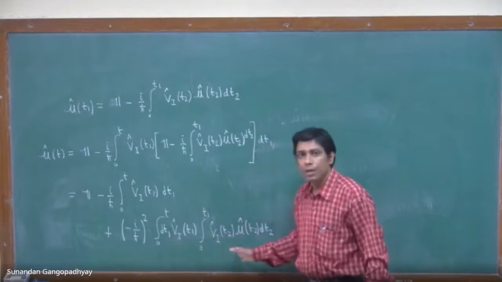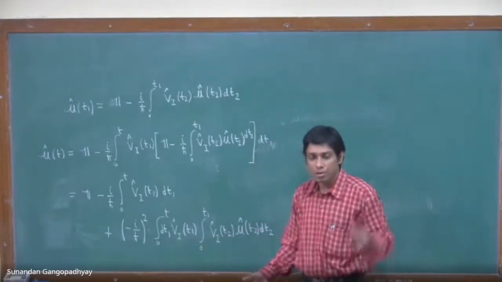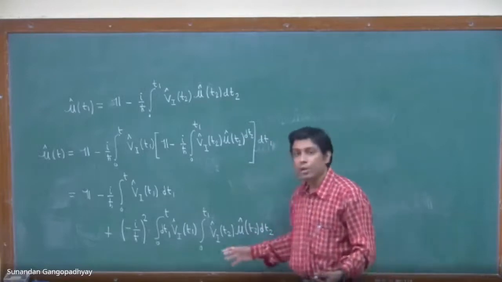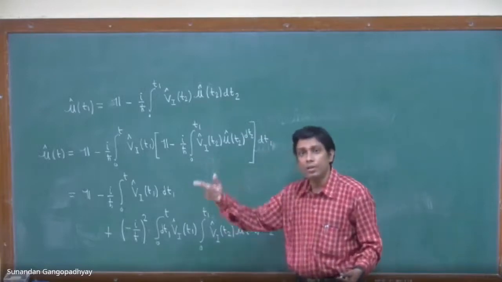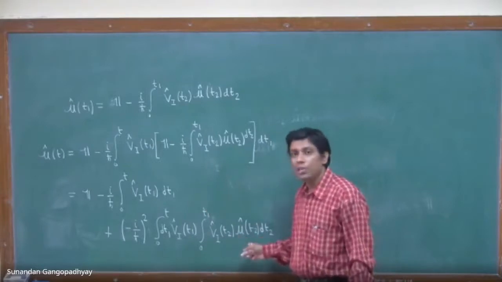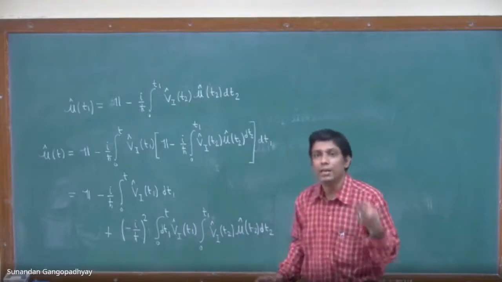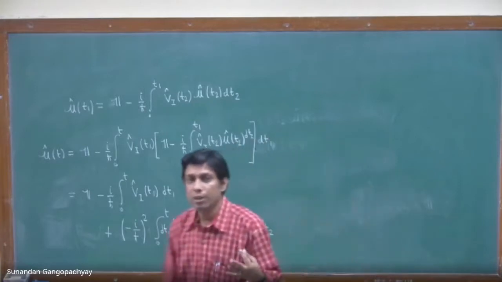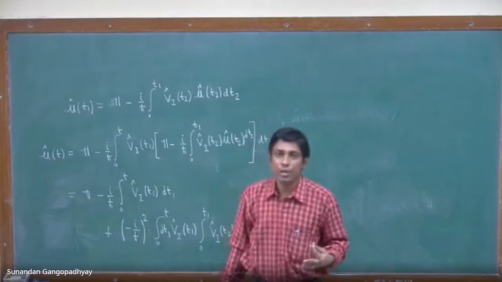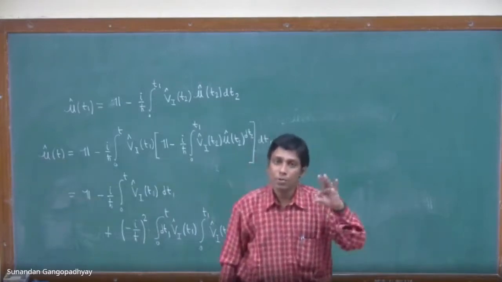And then the thing is simple, because since you want to truncate to second order in perturbation, you don't need the term involving three V's. So in place of U hat T2, you can just substitute the identity operator. That will give you the result for the evolution operator U hat T up to second order in perturbation.